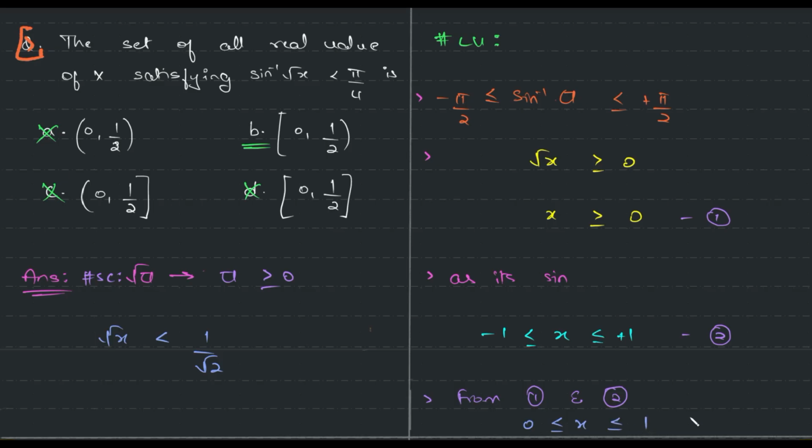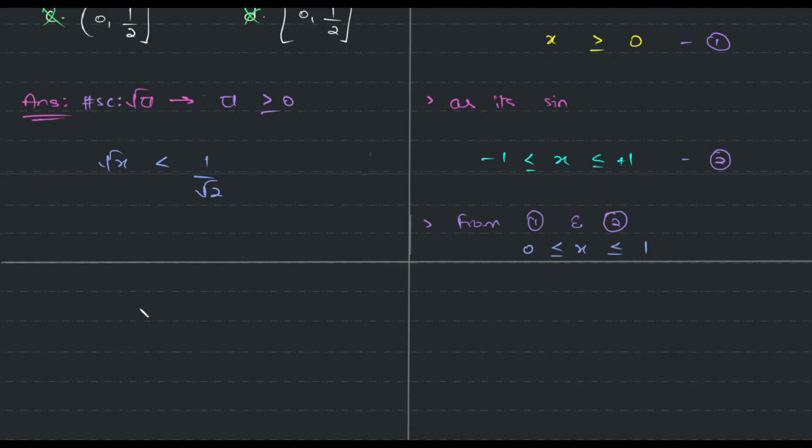Right, this is the traditional one. But we have sine inverse of root of x less than pi by 4, which we have not considered yet. So if I transpose everything, root x will be less than sine of pi by 4, and sine of pi by 4 is 1 by root 2.